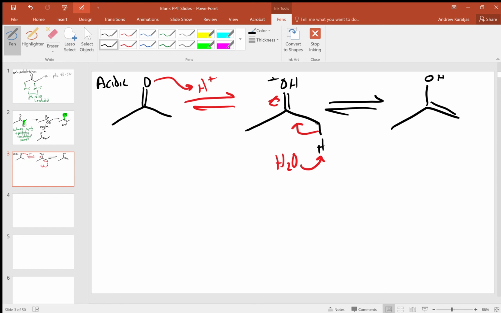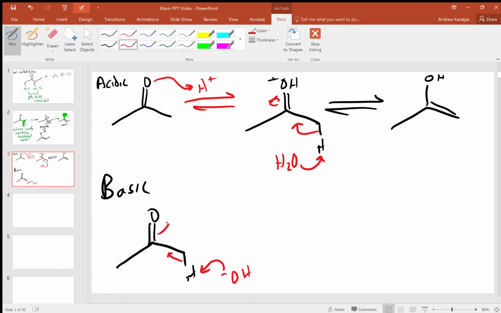Under basic conditions, essentially these two steps are reversed. Because under basic conditions, we can have a much stronger base, such as hydroxide or something stronger, which can remove the alpha hydrogen and directly form the enolate.